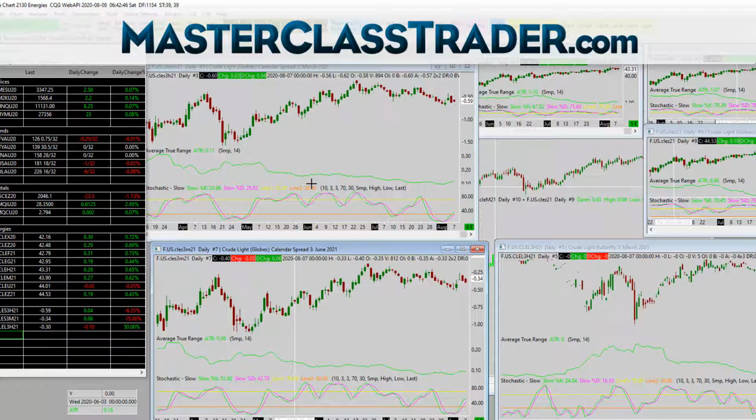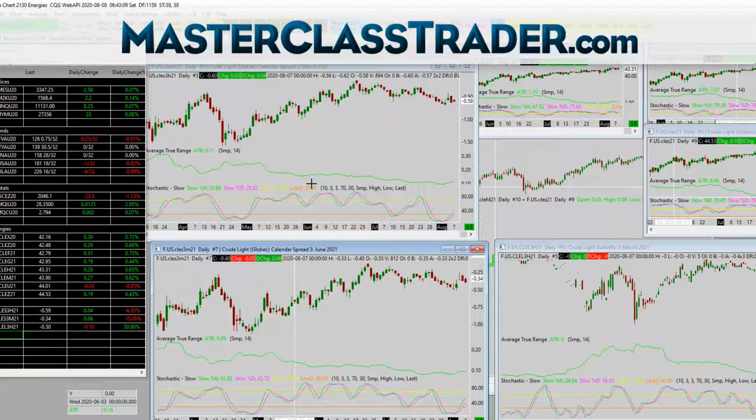So anyway, I'm rambling. What we covered was a short butterfly, which would be selling the near spread and buying the far. It's kind of a bit like a bear spread, isn't it? Selling the near and buying the far. But instead of doing it with outrights or single contracts, we're doing it with spreads.